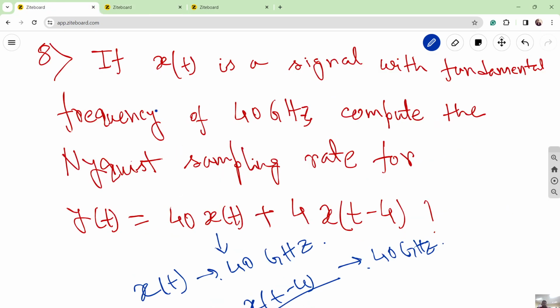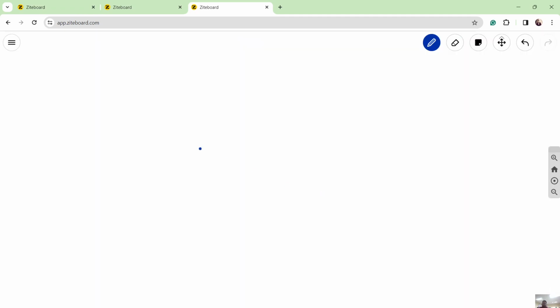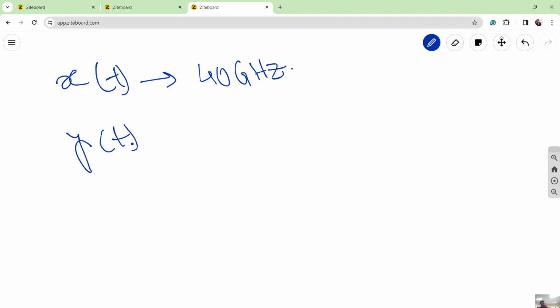Now, x of t has a fundamental frequency of 40 gigahertz, and y of t will have the frequency of 40 gigahertz also. That is the fundamental frequency.